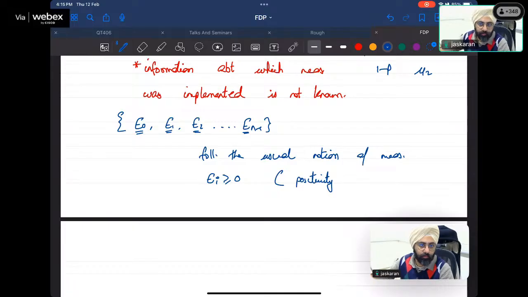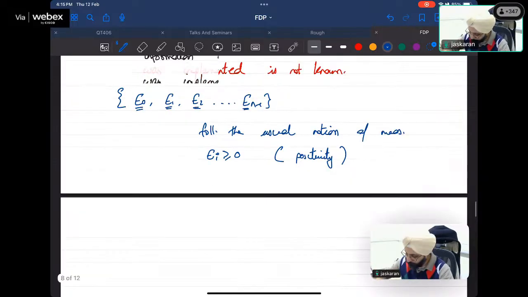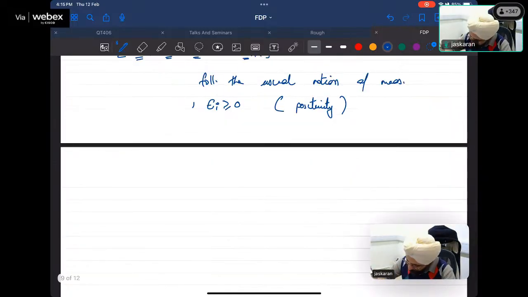By definition, probabilities should be positive, so this is ensured by having these operators as positive. When I say that the operators should be positive, what I mean is that all the eigenvalues of this observable are positive. This is the meaning behind saying an operator is positive. So this is condition 1.